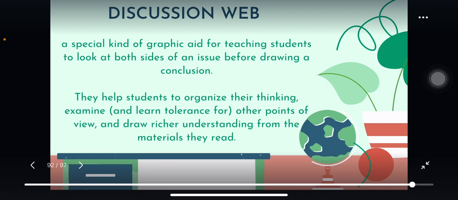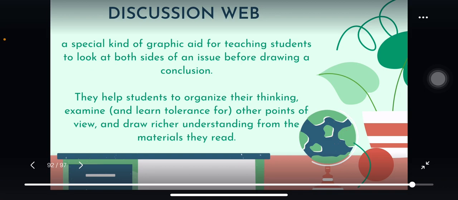Actually, guys, the discussion web is a special kind of graphic aid for teaching students to look at both sides of an issue before drawing a conclusion. So this is like giving opinions to both sides, whether it's good or bad.